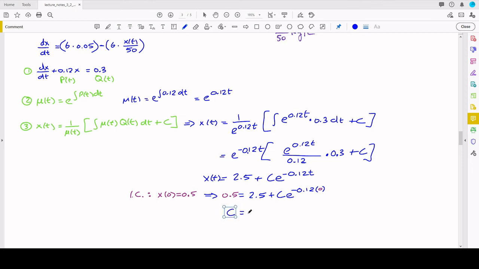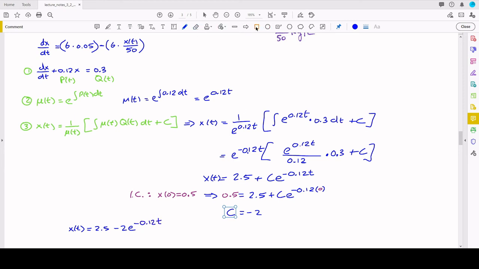So we get that c equals -2. And the formula for the amount of salt is 2.5 minus 2 times e to the power negative 0.12t.